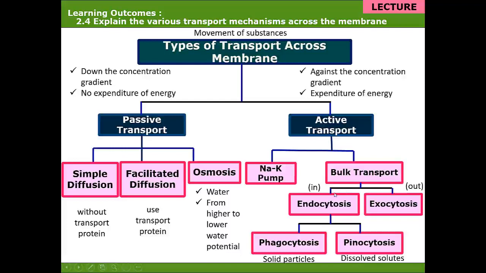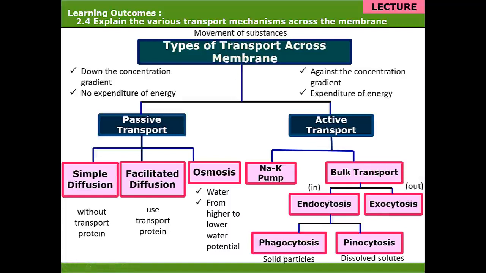It is further divided into two types, endocytosis and exocytosis. Endocytosis is whereby substances are taken into the cell, whereas exocytosis rhymes with exit, so the substances are taken out of the cell.